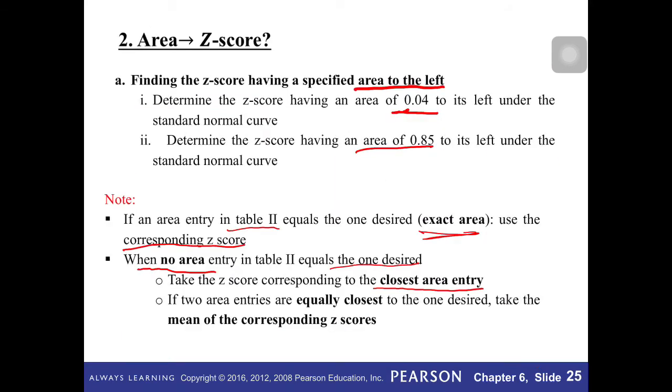In the previous case, what we did: first we had the Z score and we needed to find the area or probability. But in this case we have the area, and we need to find the Z score.